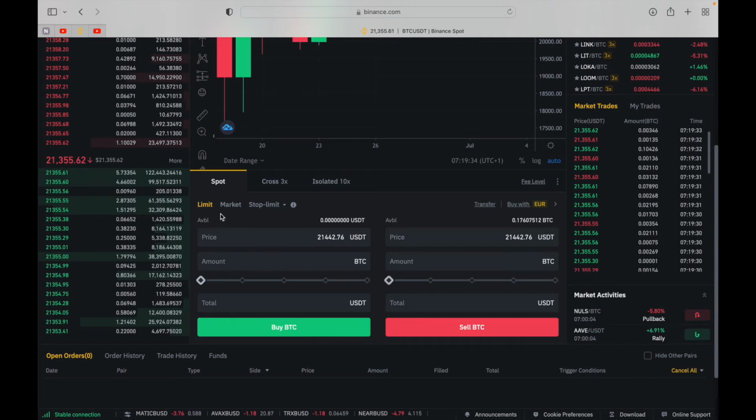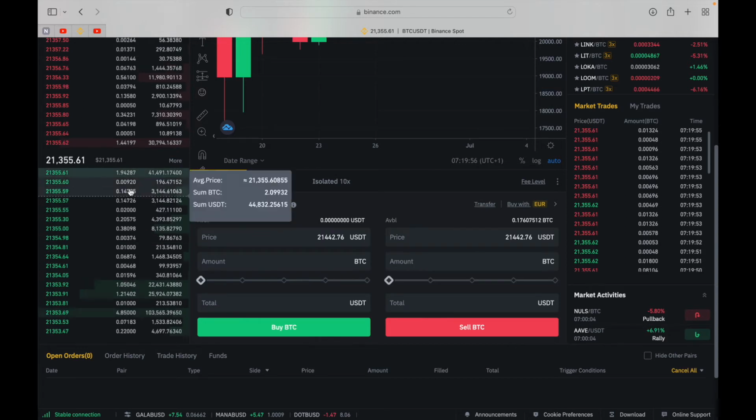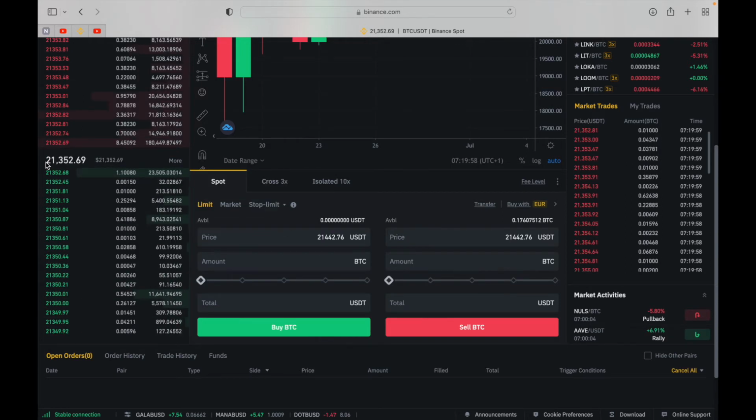Now I'll explain spot trading in 3 different categories that you can get involved in: the limit, the market, and the stop limit orders. Now, starting with the limit order, I can place a spot trade order using the limit option. What does the limit option mean? Now that we have Bitcoin at the current market price here of 21,350 approximately, it keeps changing.